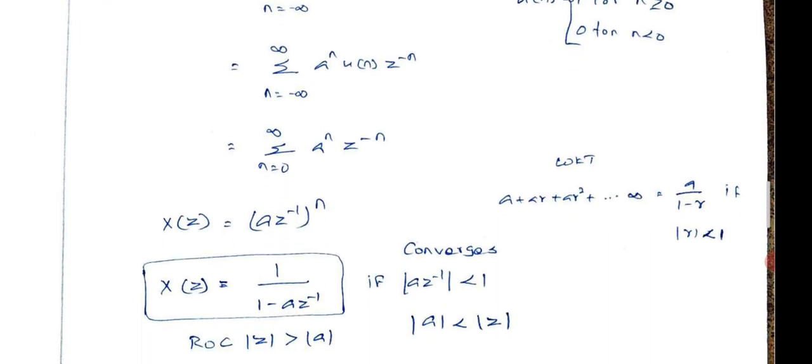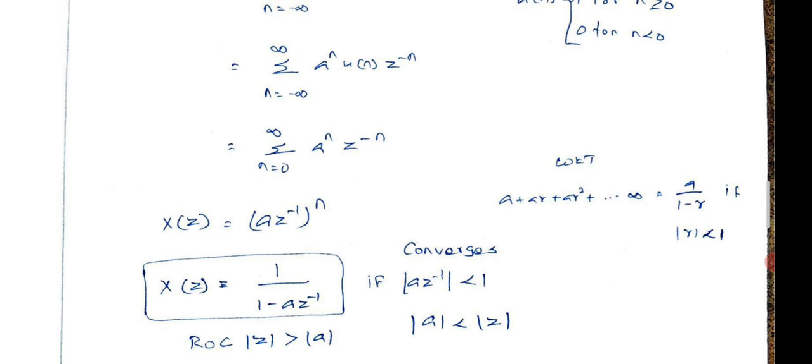So simplify this: the summation of (a z to the power minus 1) the whole power n. We are going to expand this. For example, we know that a plus ar plus ar squared, up to infinity, is equal to a divided by 1 minus r. Correct?